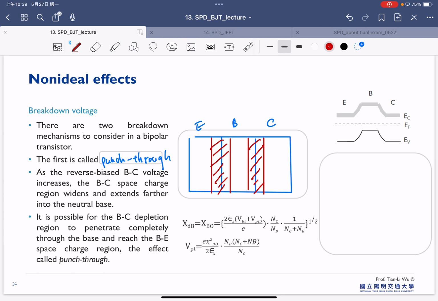And the issue is that once we increase the reverse bias of the BC junction, the BC space charge region will increase, right?